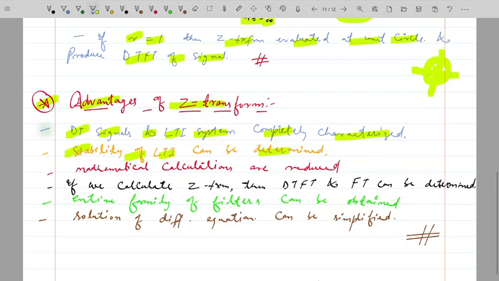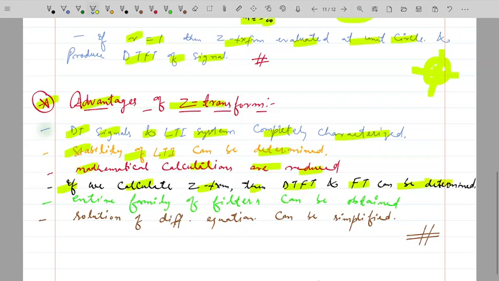The Z transform is an advanced transform, so using it simplifies calculations and reduces the lengthy process of calculation. If we calculate the Z transform, then the discrete time Fourier transform and the fast Fourier transform can be determined.